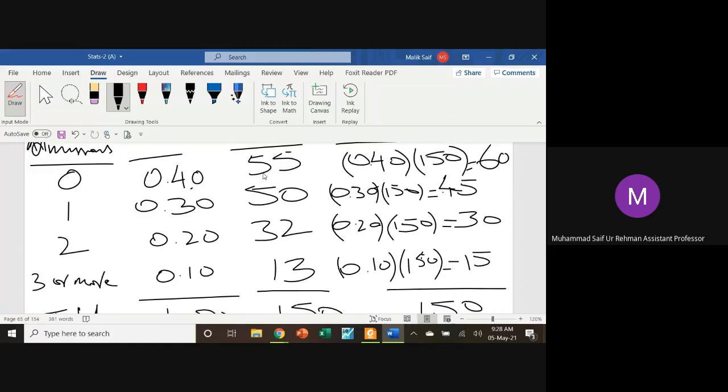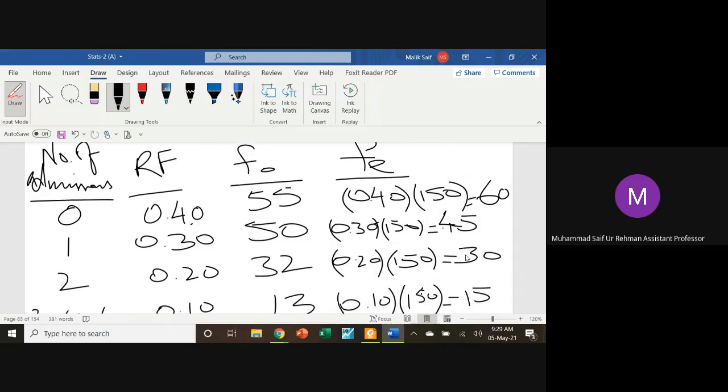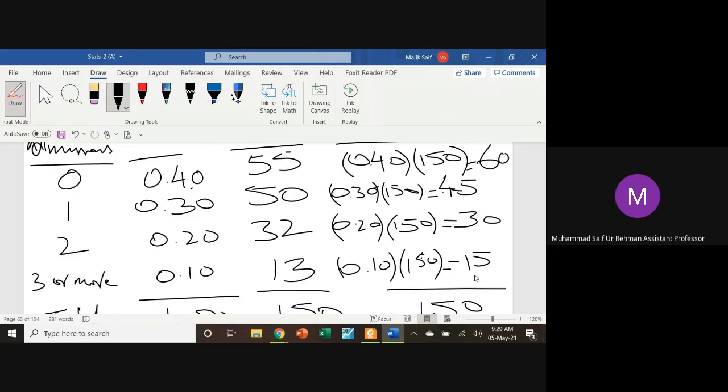Okay, so now you can see, in fact, when you surveyed the area, you saw that 55 people were never admitted in the hospital. But you were expecting, in line with past experience, that 60 should never be admitted. And you may expect, based on past experience, that 45 admitted once, 30 admitted twice, and 15 admitted three or more times.